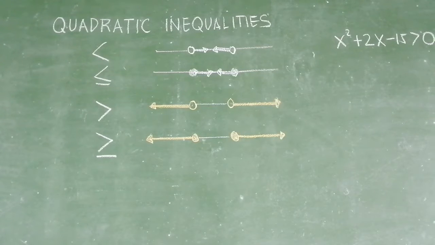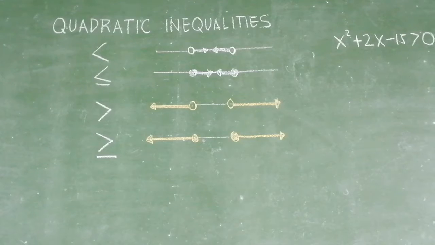So quadratic inequalities. So we can see the symbol less than. When you have a symbol like that, the solutions will go toward each other on the number line. And there is an open circle, meaning that point is not included as a solution.